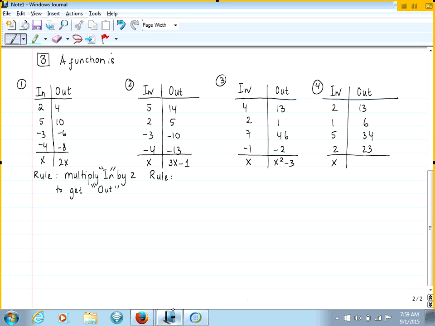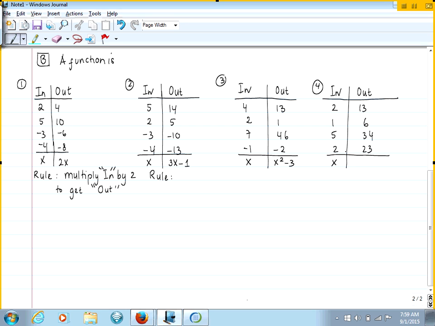Any idea? Multiply by 7 and subtract 1, so 5. Yeah, but what about these two? The last one. You multiply 2 by 7 and subtract 1.